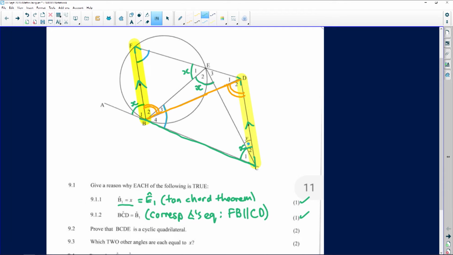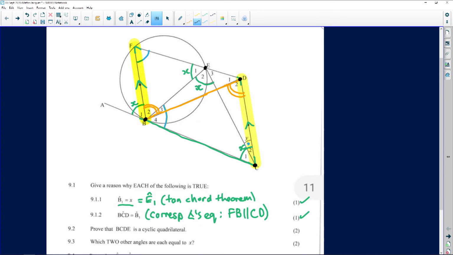Okay, now for 2 marks. They ask us, prove that BCDE, now let me color in B, C, D, E, is indeed a cyclic quadrilateral. Okay, now we've got to think. We do not have it as obvious on the diagram, so there's something that we might not have seen.